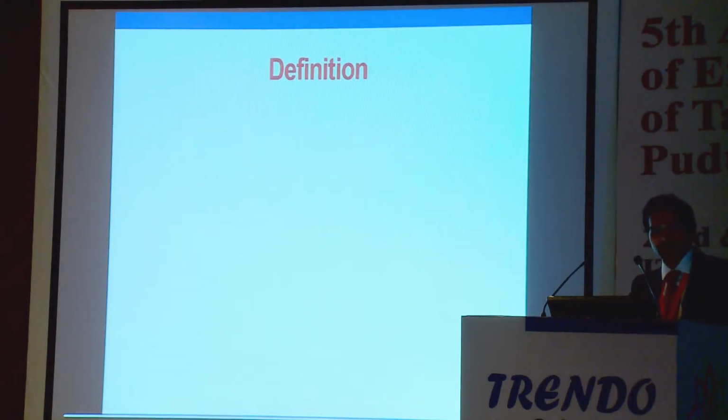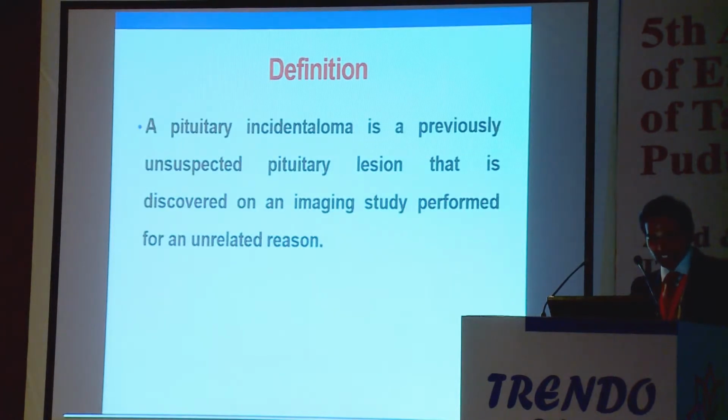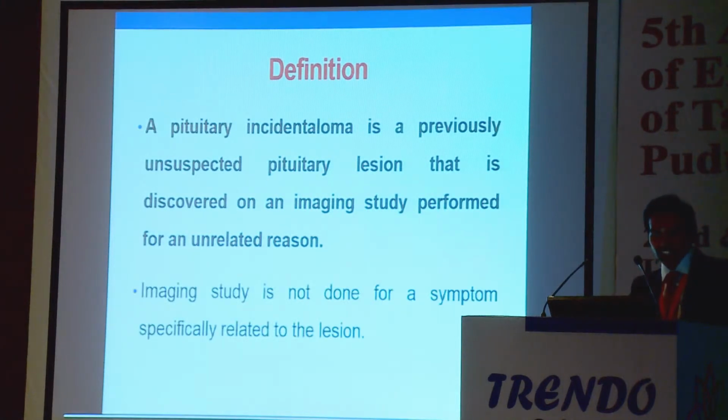So, what is a pituitary incidentaloma? A pituitary incidentaloma is a previously unsuspected pituitary lesion that is discovered on an imaging study performed for an unrelated reason. Here, we should take care that the imaging study was not done for a symptom specifically related to the lesion.